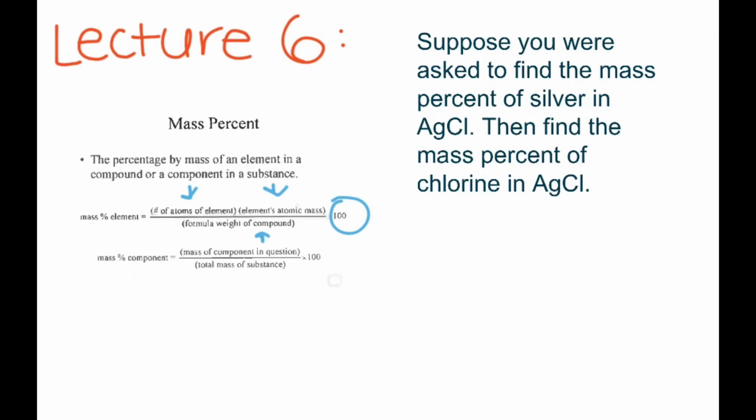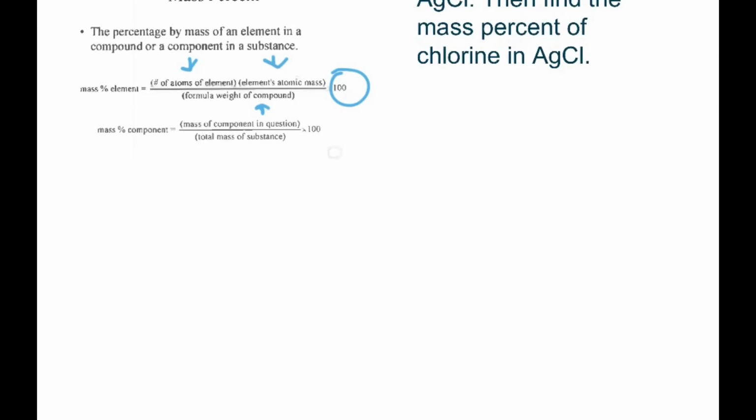So what you do first is you take the number of atoms of the element in silver chloride. So let's start out with finding the mass percent of silver. There is 1 atom of silver in silver chloride. So you'd put 1 Ag atom.